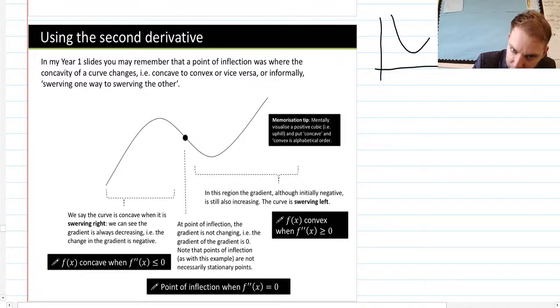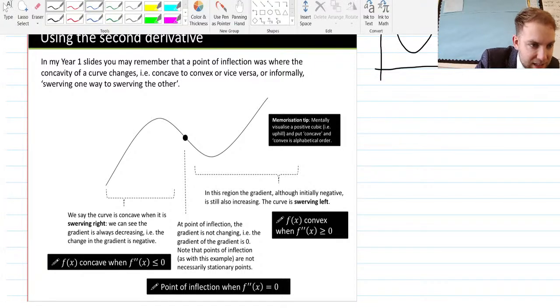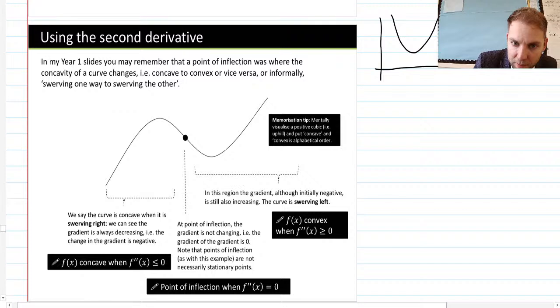If I've got a minimum like this, and I'm finding my second differential, it's going from a negative to 0 to a positive value. So it's going from a negative gradient to a 0 gradient to a positive gradient. So a minimum is when we've got a d2y by dx squared being greater than 0.